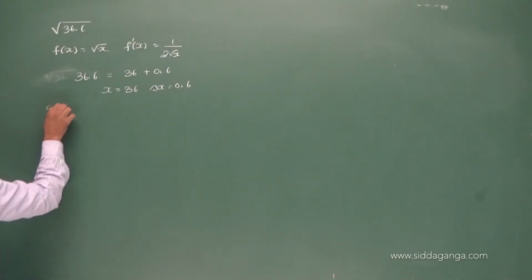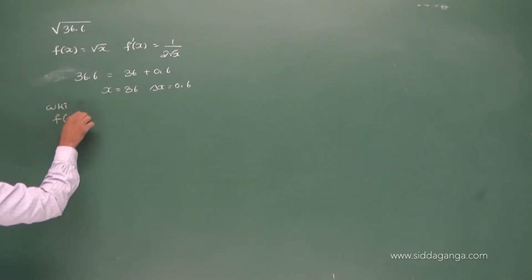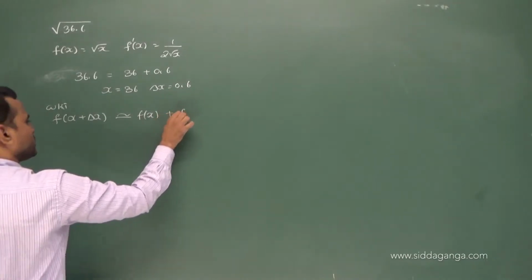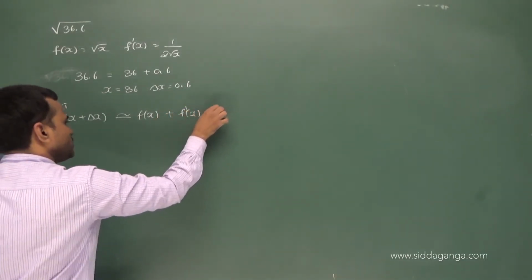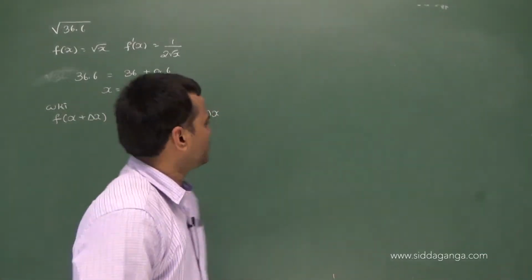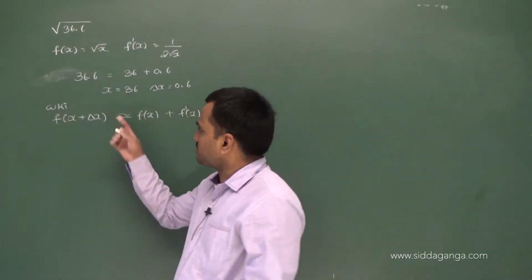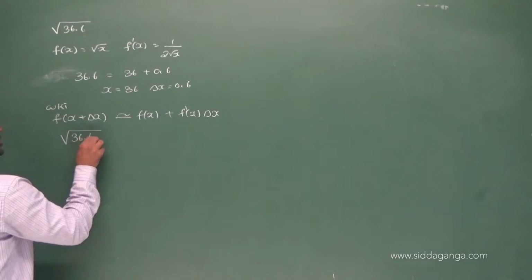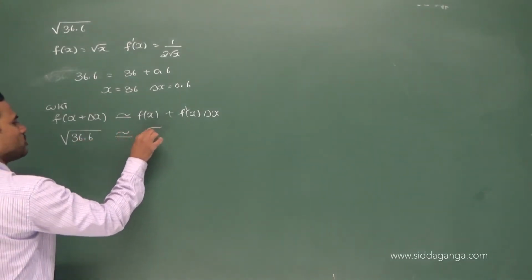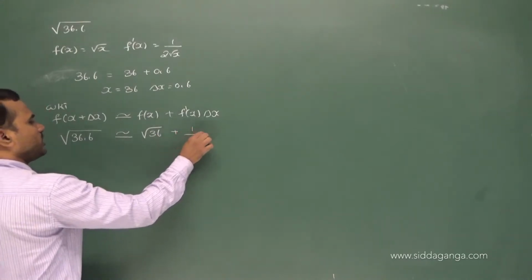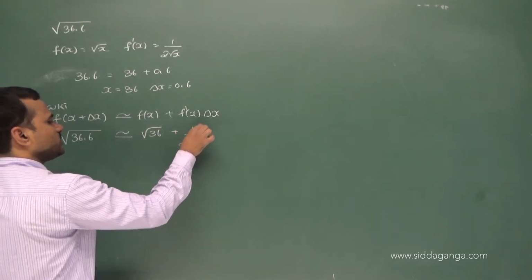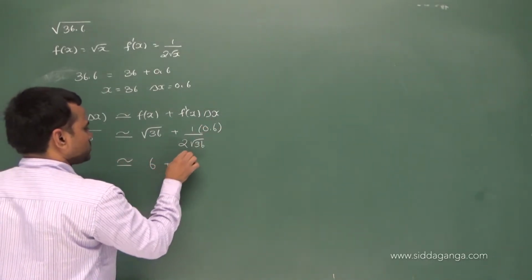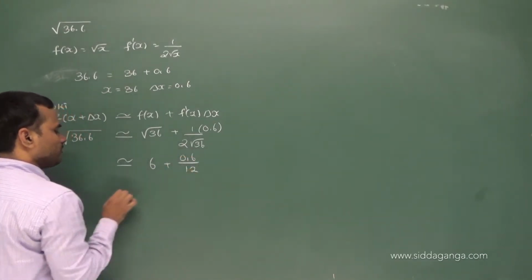So we know that f of x plus delta x is approximately equal to f of x plus f dash of x into delta x. So then substitute all the values. Square root of 36.6 is approximately equal to square root of 36 plus 1 divided by 2 into square root of 36 into 0.6. So square root of 36 is 6, plus 0.6 divided by 12.